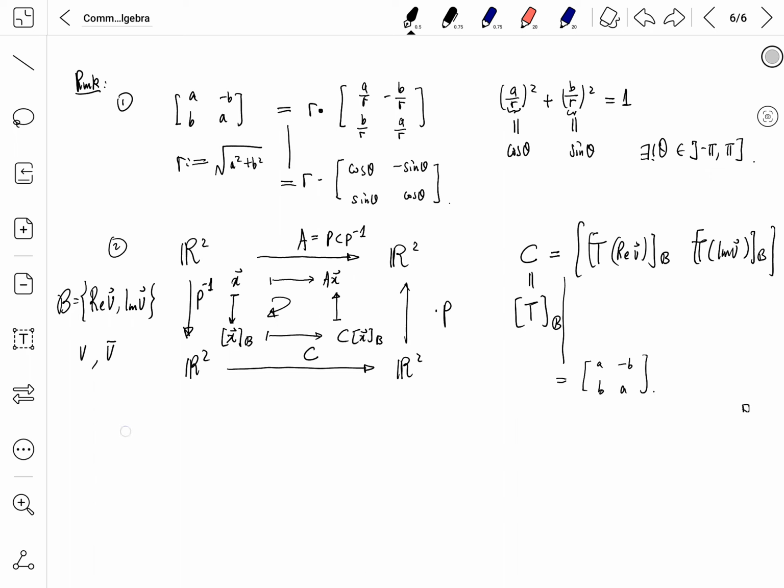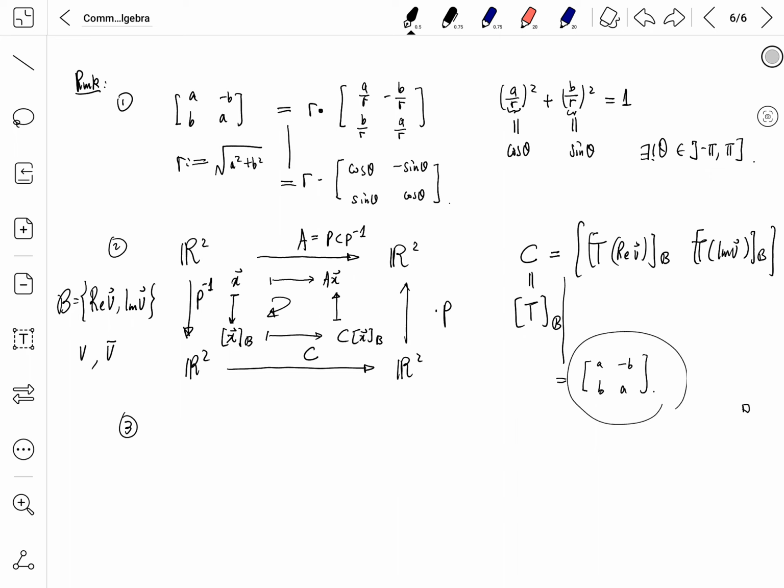And so how do we explain that phenomenon? After you change your basis, you get a new coordinate system, and there your matrix transformation is just this rotation.